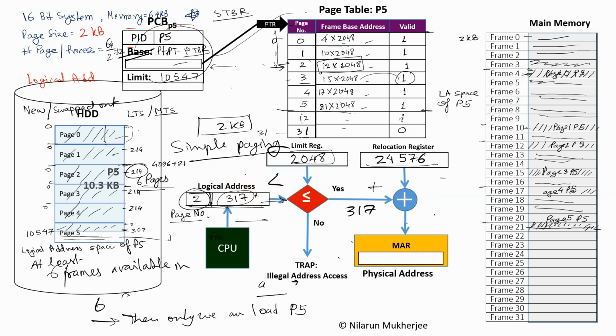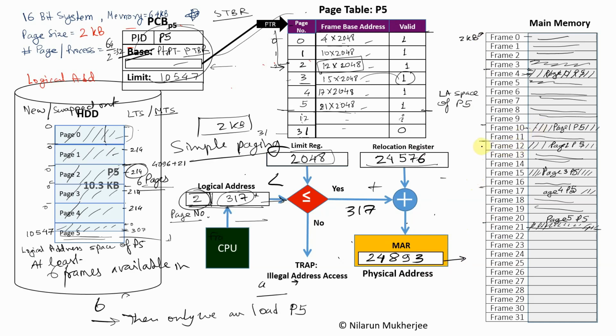So it will be 24576 plus 317, which is 24893. So this address will be fed to memory to locate the data. It will start from 0 and go up to, so it is of page 2.